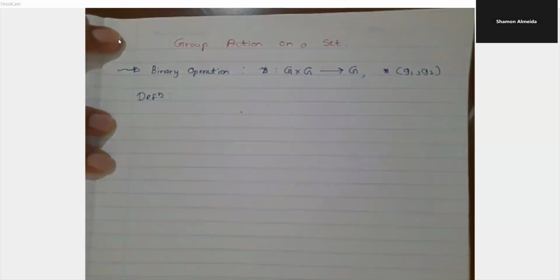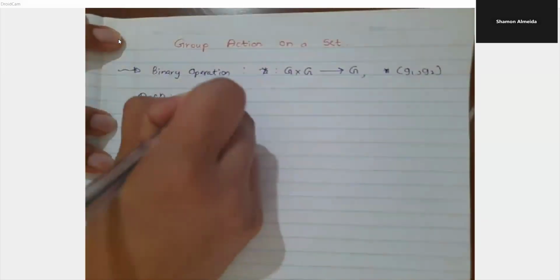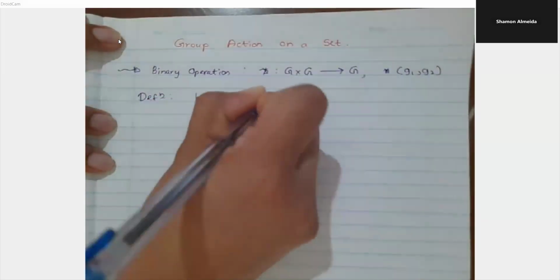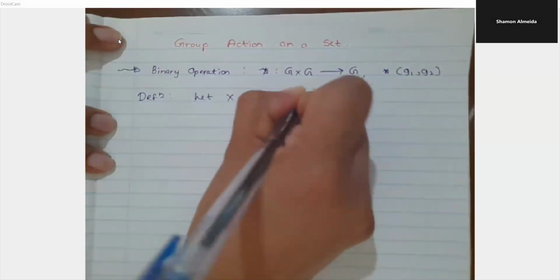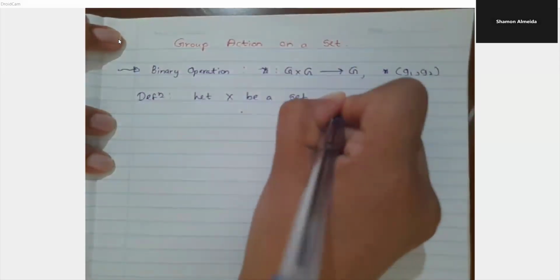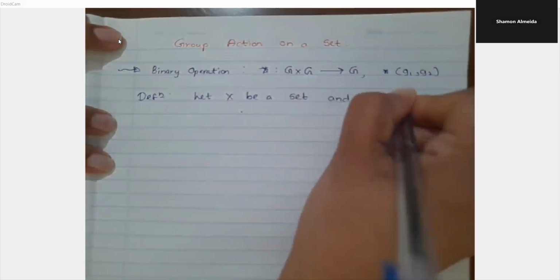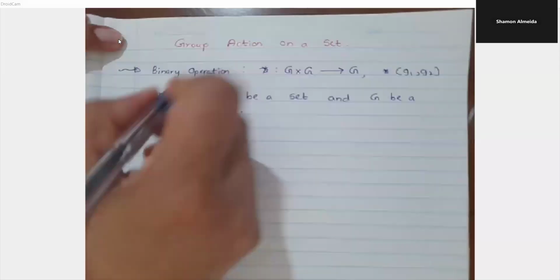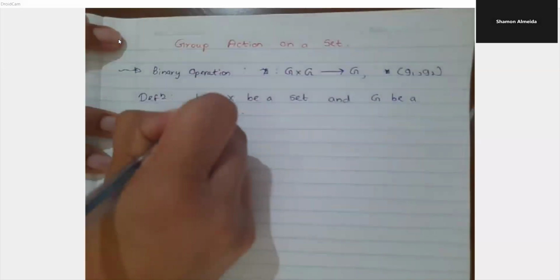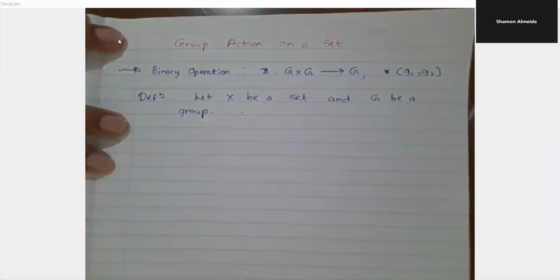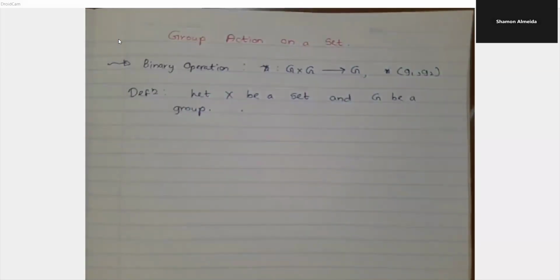Let X be a set and G be a group. Now, an action of G on X. What does this definition actually give you? It gives you the way G acts on some set X, some other set X, right?